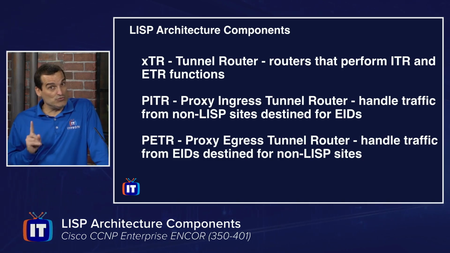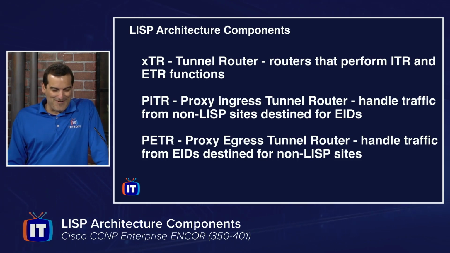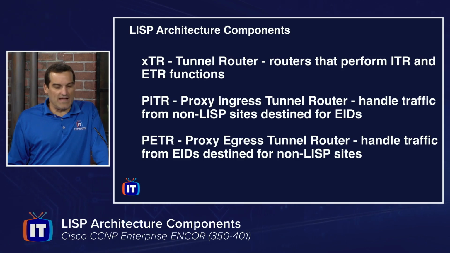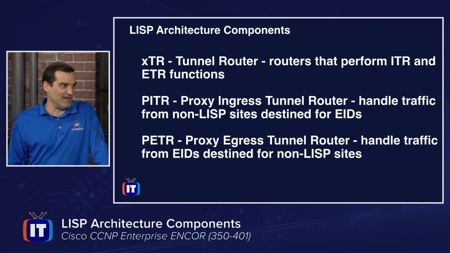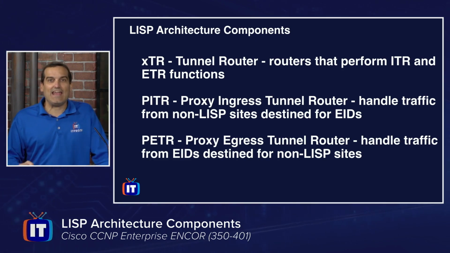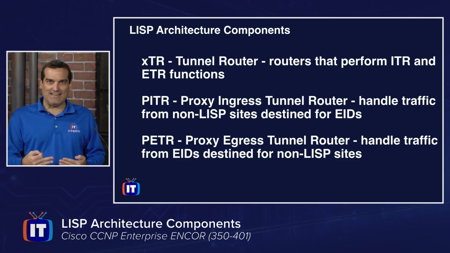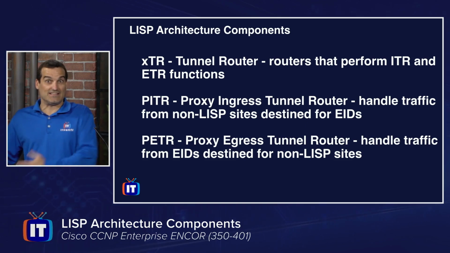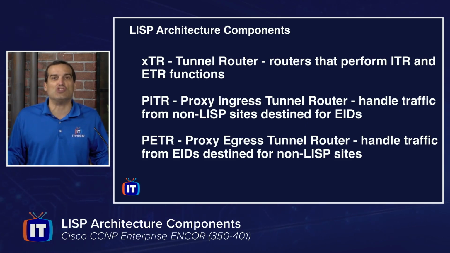Now, these are two new terms, and I want you to pay attention to these. Hint, hint. We've got the proxy ingress tunnel router, and we've got the proxy egress tunnel router. This is easy. Anytime you see the word proxy, it means working on behalf of something else. The something else here is non-LISP sites.